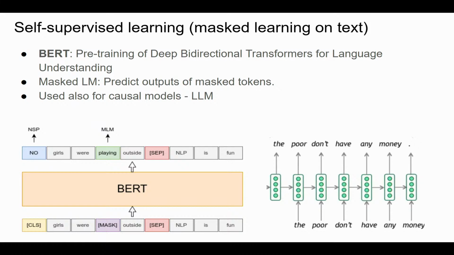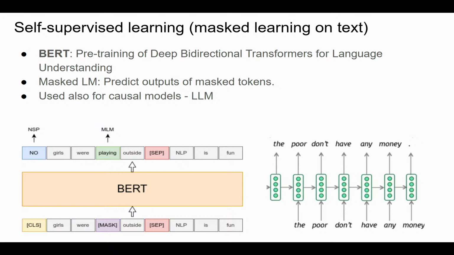Here I mask the token, and I'm trying to predict "playing". If the model learns to do this task well, it has to understand the language. It has to understand the text, the correlations, the structure.